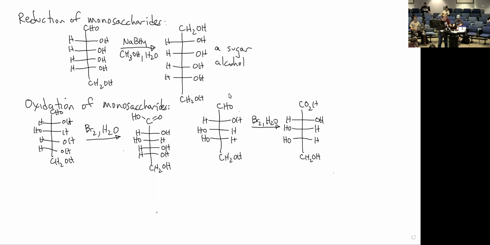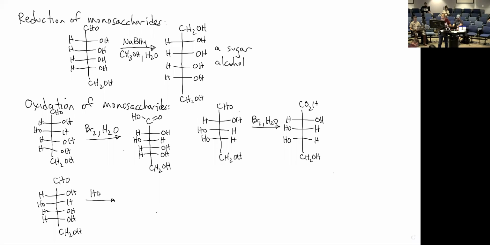The other oxidizing agent that is sometimes used is warm nitric acid. And I'll do glucose again, but it doesn't have to be glucose. And that also performs an oxidation.